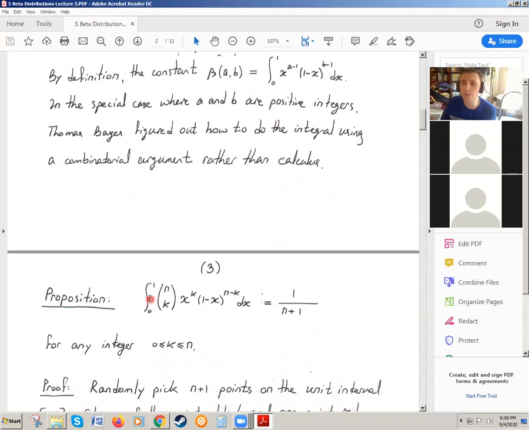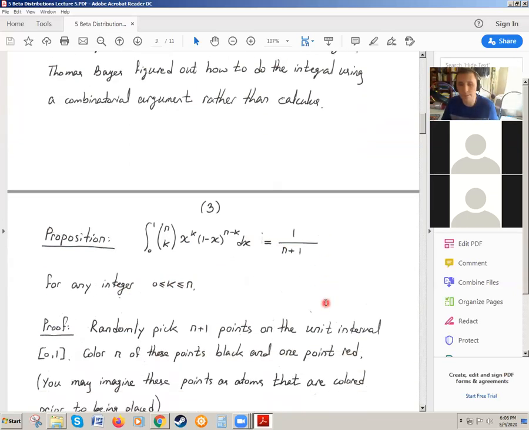We are going to use a combinatorial argument to prove that the integral from 0 to 1 of n choose k times x to the k, 1 minus x to the n minus k dx equals 1 over n plus 1, for any integer k between 0 and n. So here is the combinatorial proof, guys.